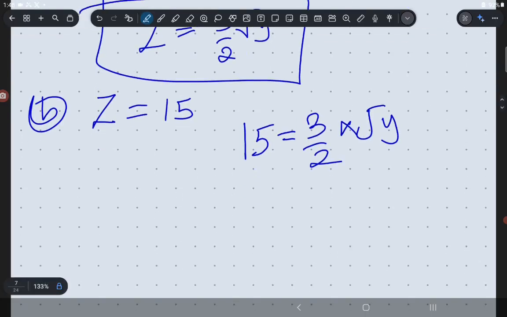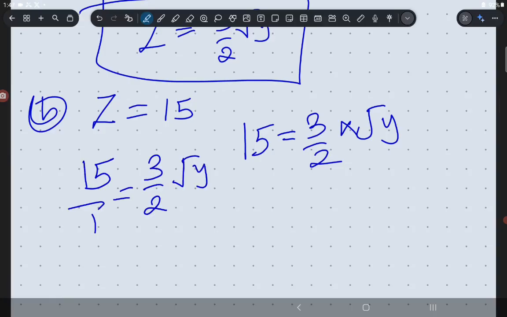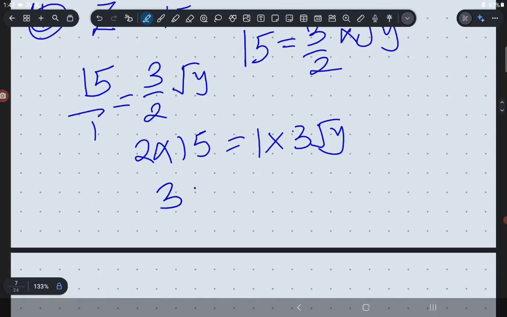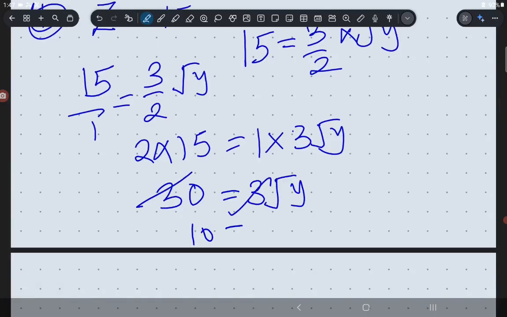Let's put it in fraction form to obey the rules of cross multiplication: 15 over 1. It will be 2 times 15 is equal to 1 times 3 root y. So we have 30 is equal to 3 root y. The 3 can cancel, and we have 10 is equal to root y.